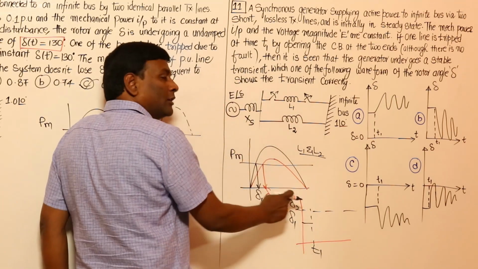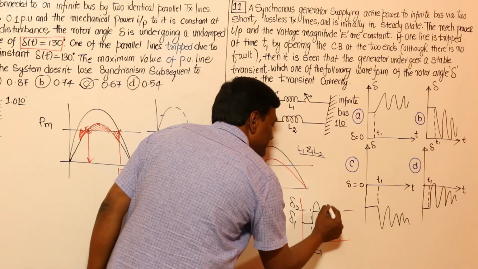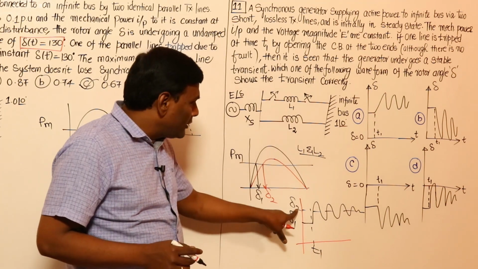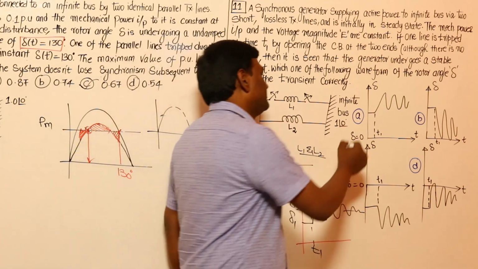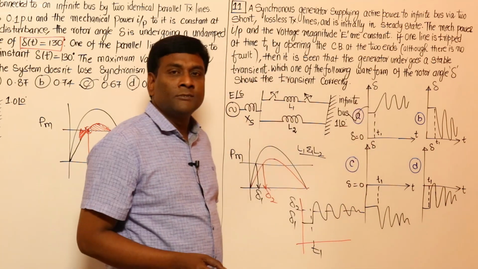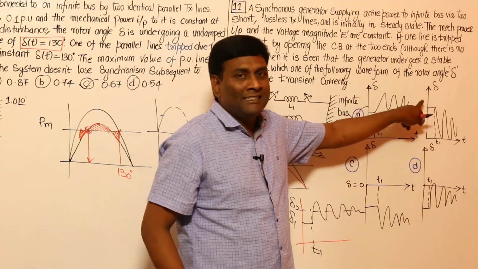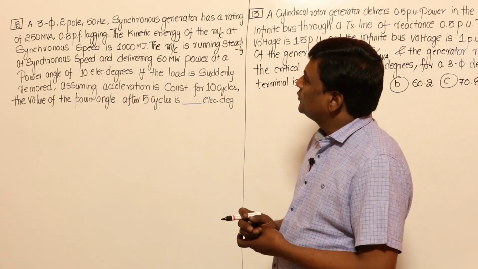From delta 1 to delta 2 it has to change. So from here, a swing will come, and ultimately it has to settle down at delta 2. Which characteristic? You know it. So delta 1 moves and delta 2 settles. Once it is settled, delta 2 should be more. Problem is solved. Let us take a few more problems.